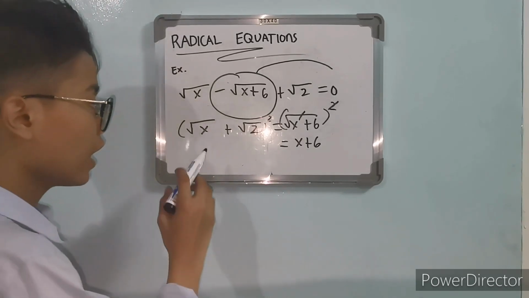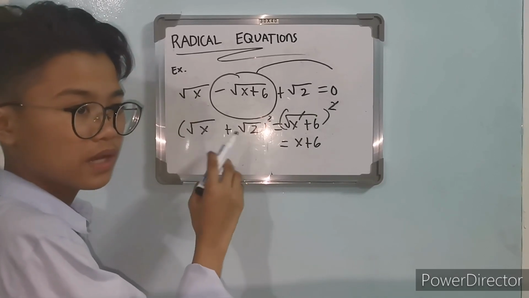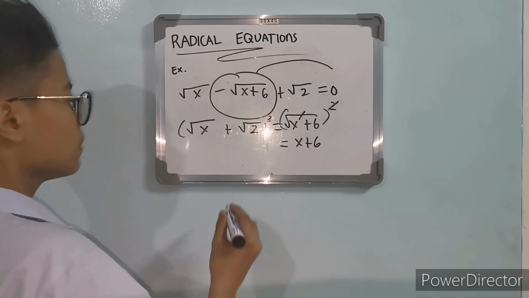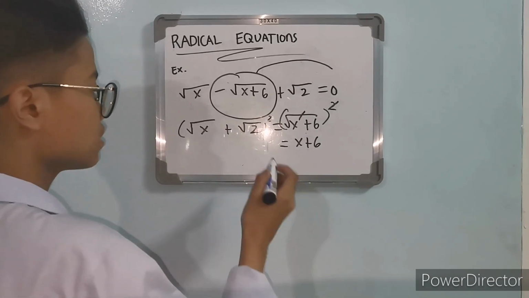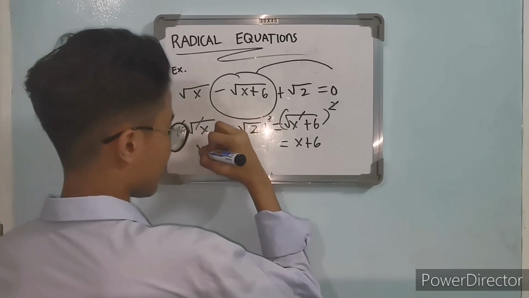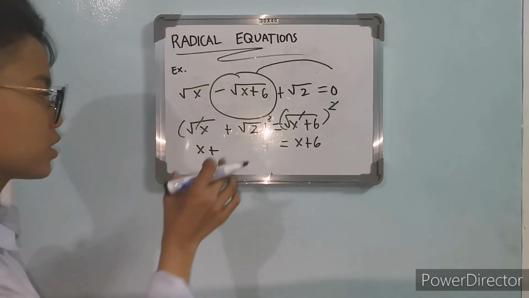We need to square the first term, multiply both terms, and then multiply it by 2, and then square the last term. So, if we solve this, square the first term, so it should remove the radicand, it becomes x, plus we need to combine both terms. Here, both terms.